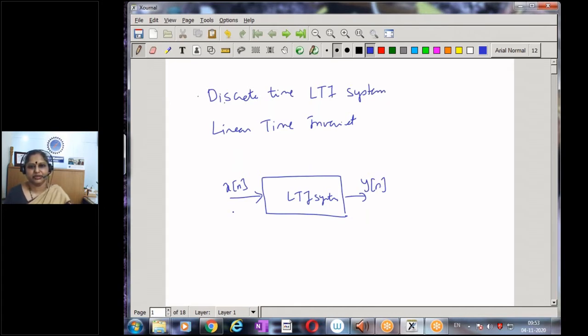We have seen how we could convert from an analog domain to a discrete time domain. So essentially, after performing sampling, we have a sequence of numbers. We have a sequence x[n], and it passes through the system, and we get another output y[n].